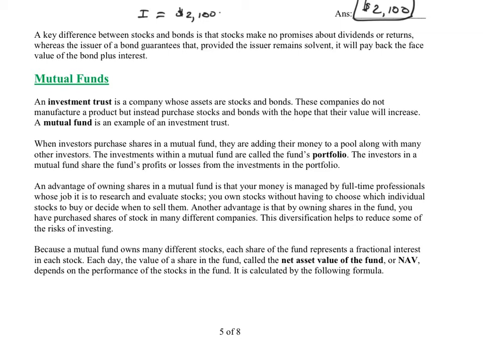So what's the advantage of a mutual fund? When you buy, quote unquote, a share of a mutual fund, which is not really a share, but we'll talk about that in a second, you're not buying the stock of one business, you're buying the stocks and bonds from several businesses. So if one individual business does good or bad, it doesn't affect you as directly as if you buy a stock. It's more of a cushion.